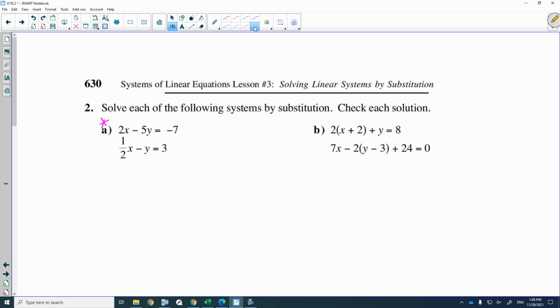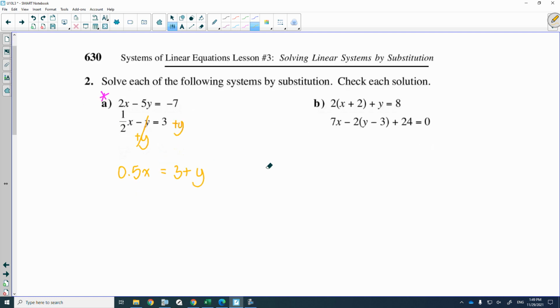So the first move that I would do is I want that y positive. I'm actually going to write that 1/2 just as 0.5x. So 0.5x is equal to 3 plus y. Now that I've made it positive, I get y by itself by subtracting 3.